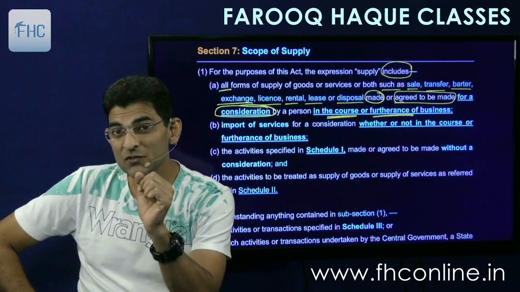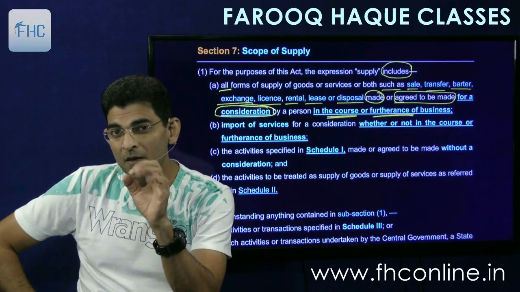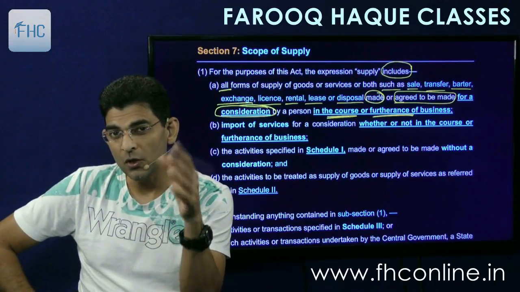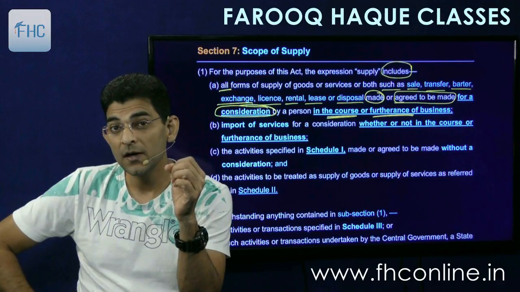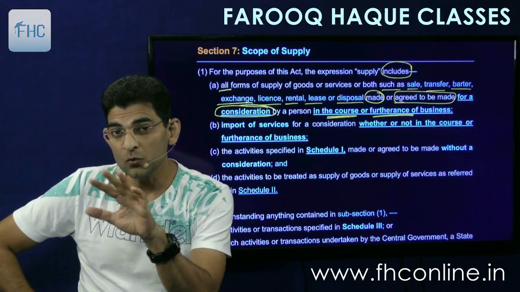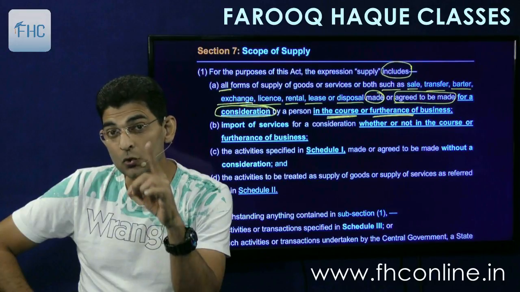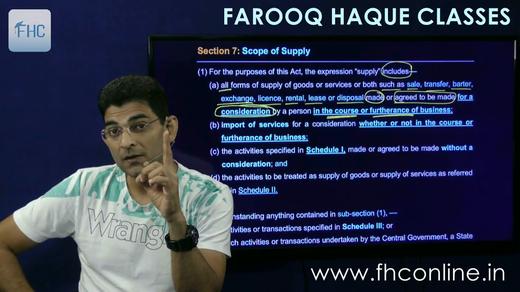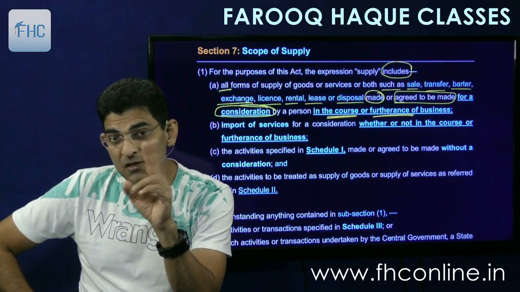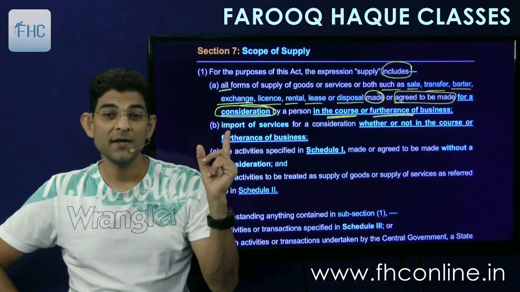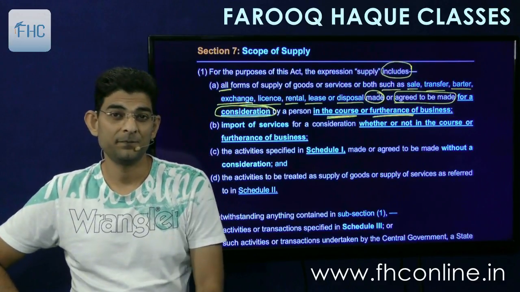So government says yes. In some situations, a transaction without consideration can also be considered as supply. In some situations, a transaction without course of business can also be considered as supply. So those two exceptional situations are then defined in clause B and C.